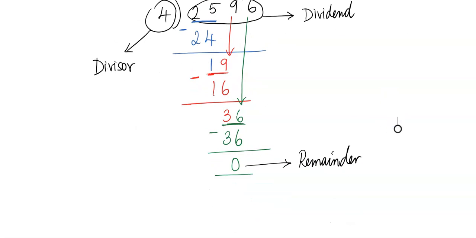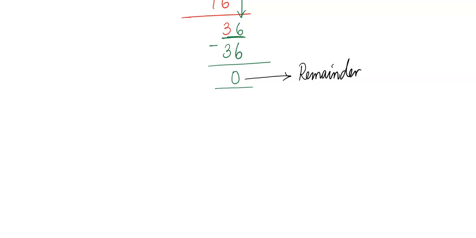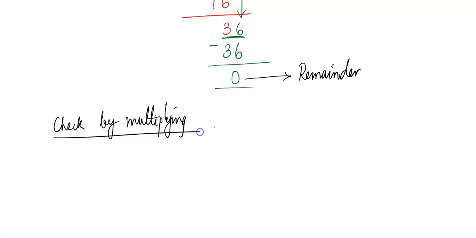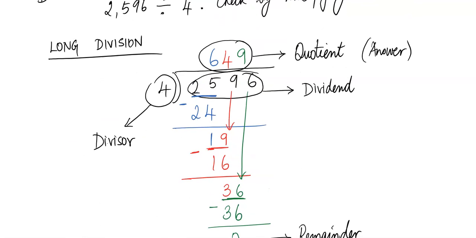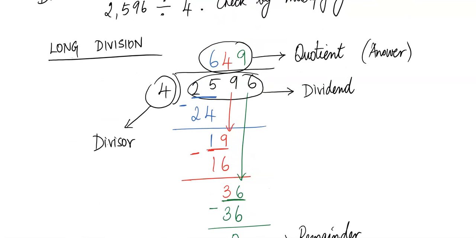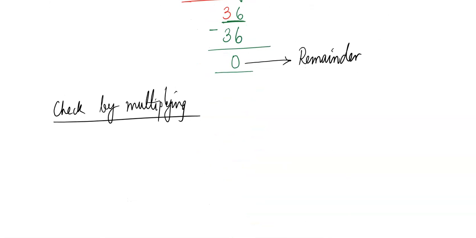They asked us to actually check by multiplying. So what will you multiply? Let me take you back a little bit. You want to multiply the quotient and the divisor to see if you get the dividend. Okay, so let me write that out here.